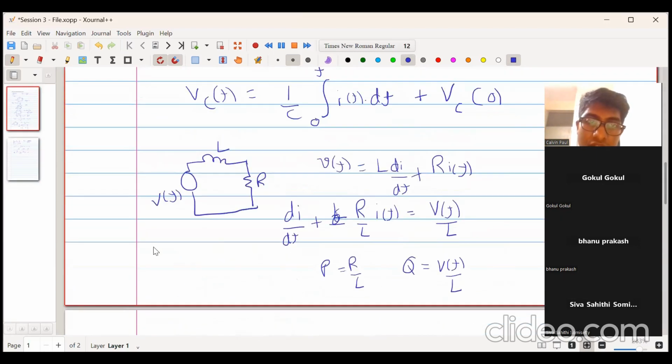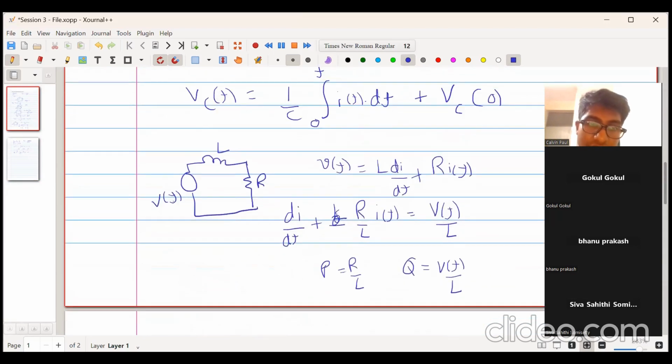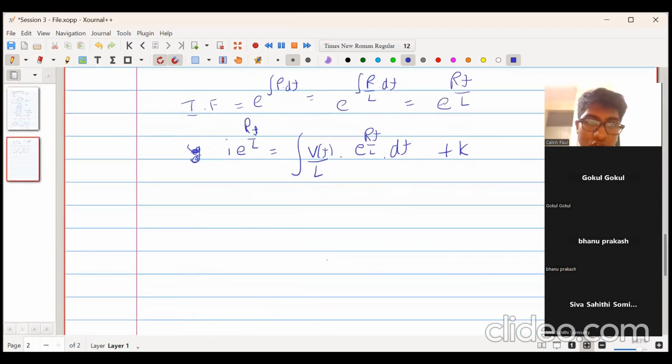Now we will assume this V(t) to be a constant value, some DC voltage. If it is a DC voltage, we will write V(t) is equal to Vs, the supply voltage. So we will get i into e raised to Rt upon L is equal to integration of Vs upon L into e raised to Rt upon L dt plus k.